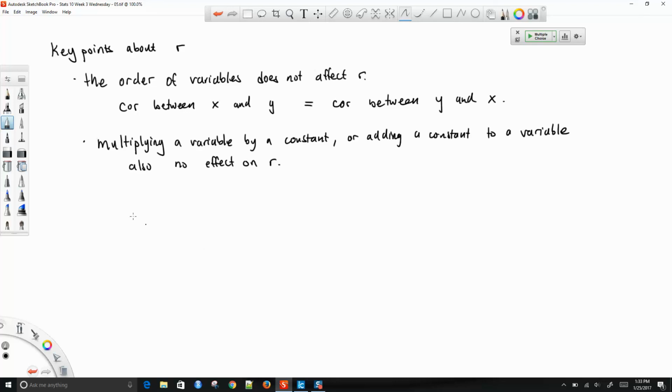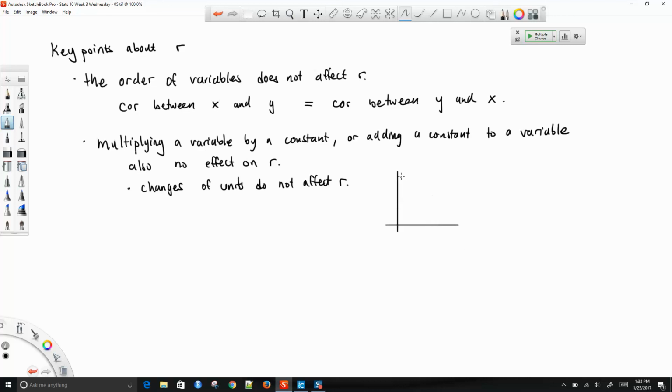This can be thought of as changes in unit will not affect r, because changing units is effectively just multiplying or adding a constant, even changes from Celsius to Fahrenheit. That's also why the slope doesn't affect r.